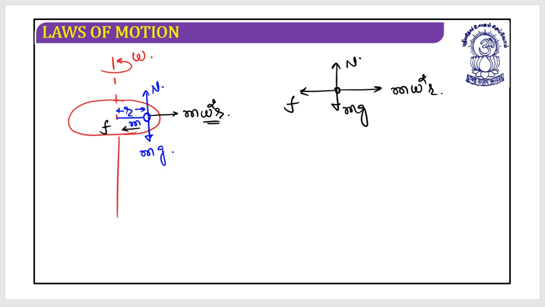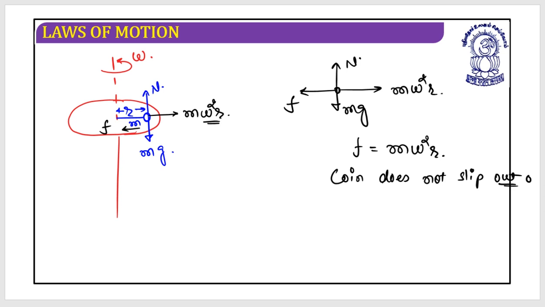So if my friction is equal to m omega square r, the coin does not slip out. So if I can satisfy this, f equals m omega square r, then the coin is not going to slip out.